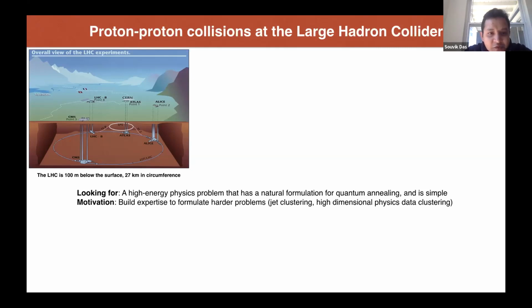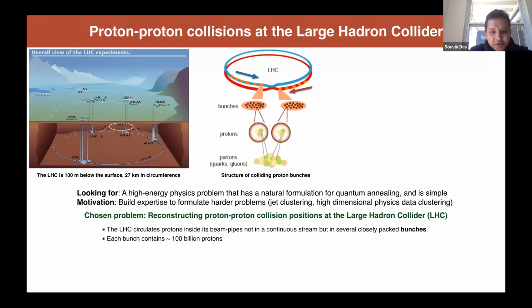The general motivation was to build expertise to formulate harder and more relevant problems like jet clustering or even high dimensional physics data clustering. Clustering is a sort of unsupervised learning, right? You can look across your data space to see if there's any cluster of data that you previously did not look at. So we tried to find the simplest possible problem.